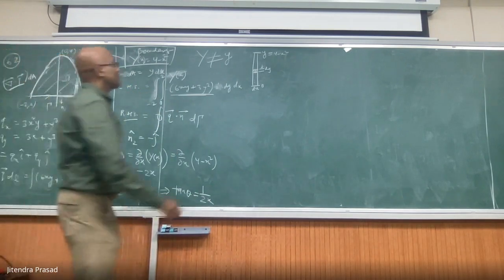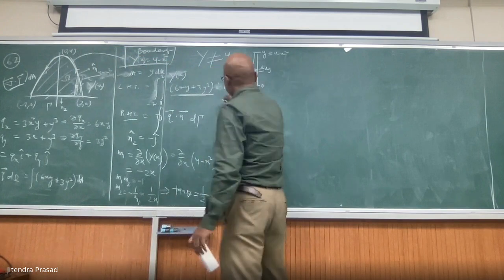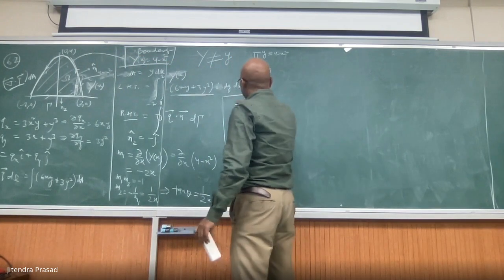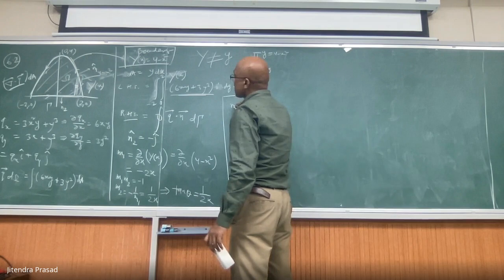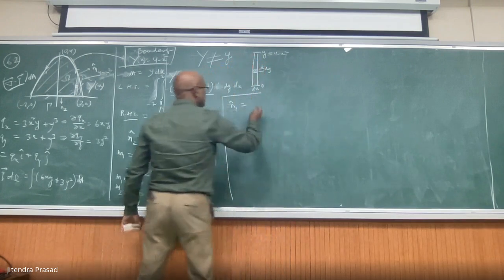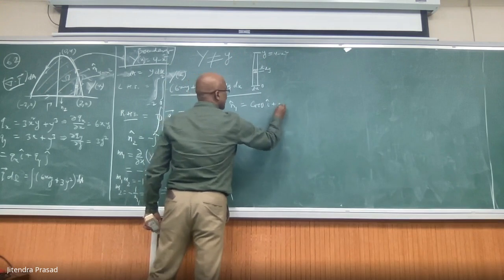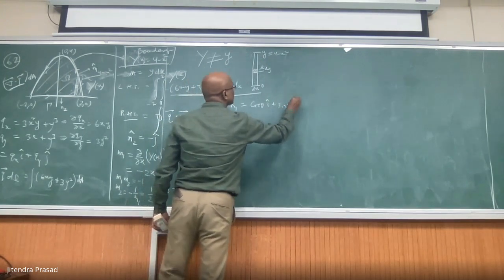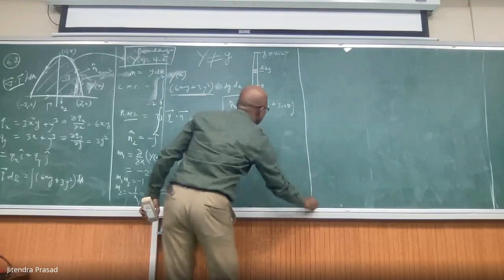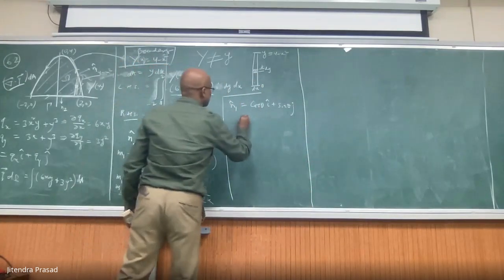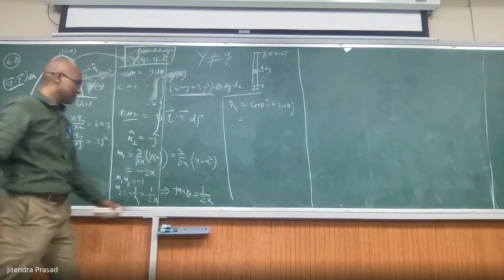Okay, if that is the case, then our n1 is equal to cos theta i plus sin theta j. Right? We will just work out from here only. So that is equal to what? What is cos theta?